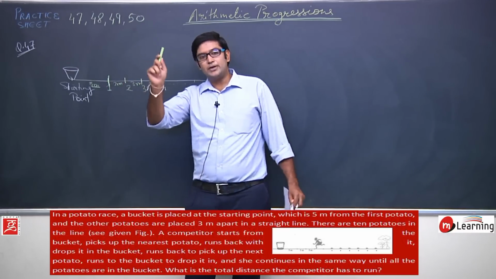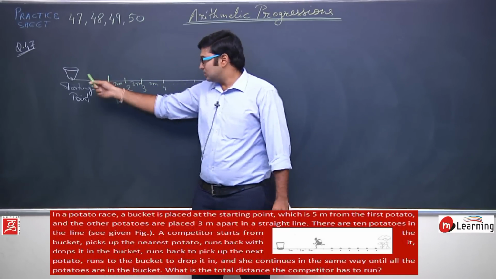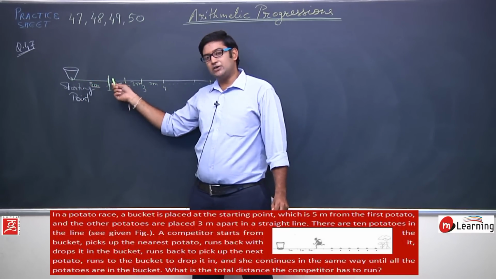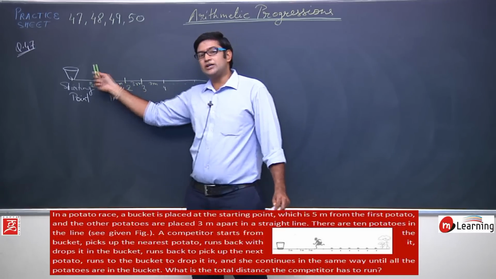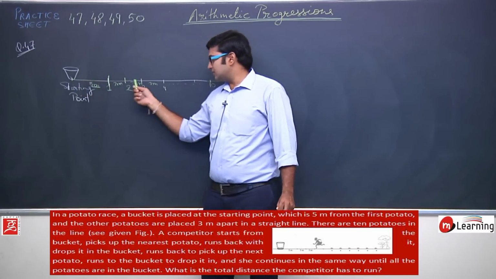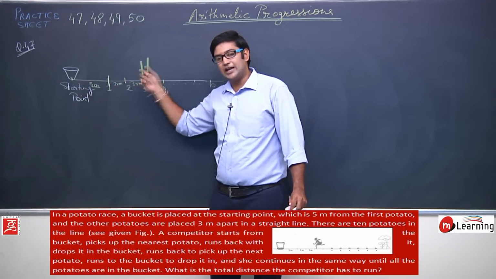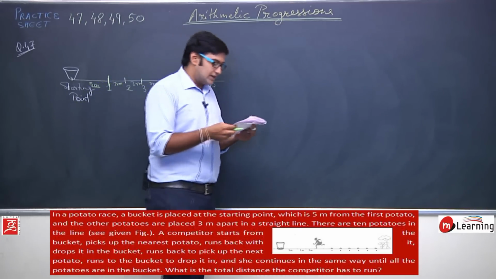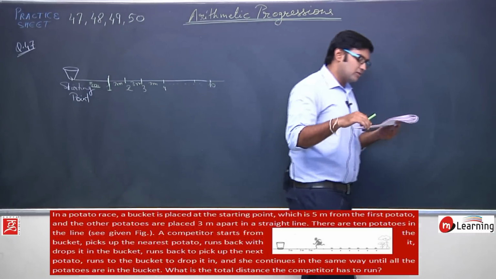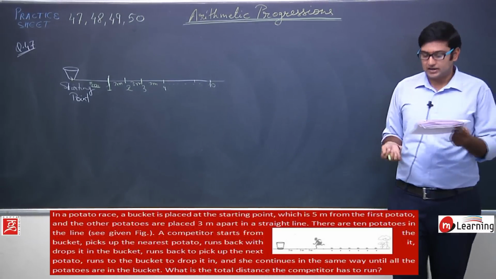He can pick only one potato at a time. So he picks the first potato and drops it in the bucket. Then again he comes here, picks the second potato and drops it in the bucket. Then for the third potato also, then for the fourth, and so on till the 10 potatoes. And she continues in the same way until all the potatoes are in the bucket.